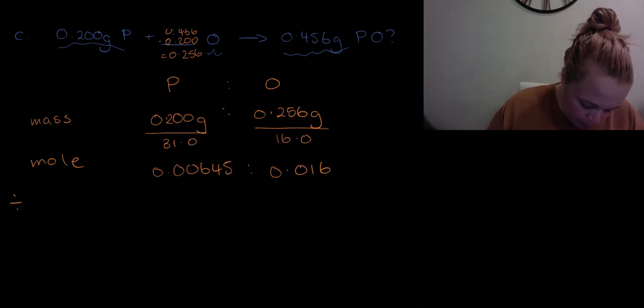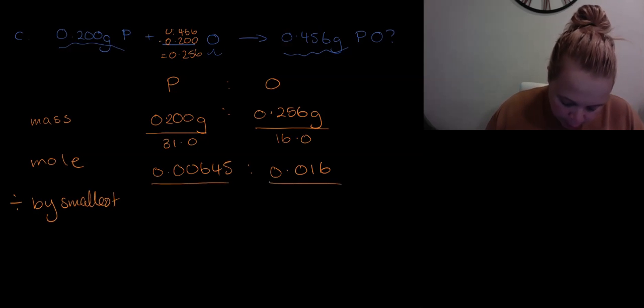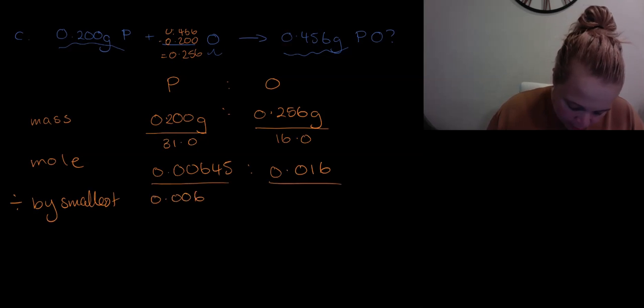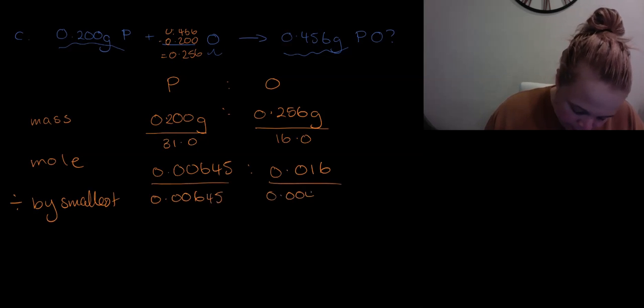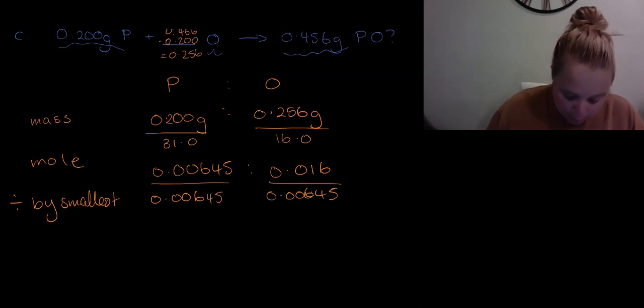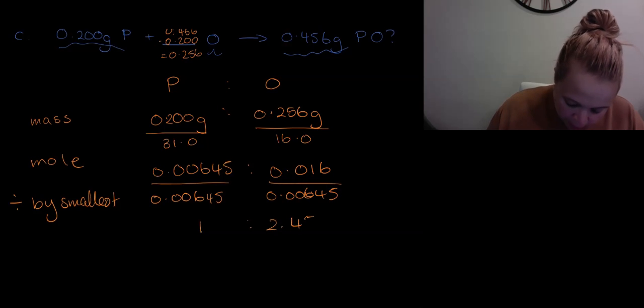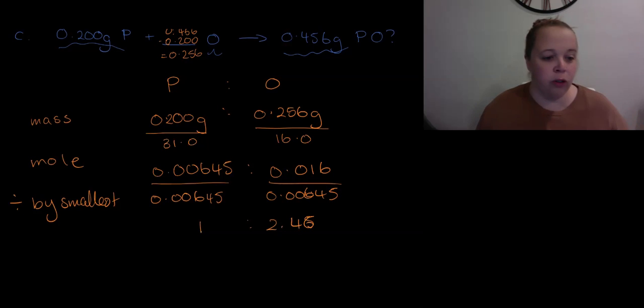Then we divide by the smallest of the two numbers, obviously this one. And we end up with a ratio of 1 to 2.46 or 2.45.